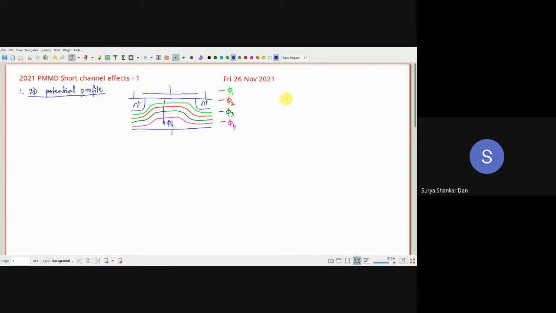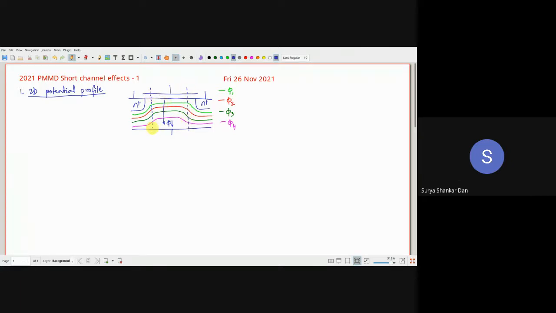Now, this is the situation for a long channel device. So what we understand is in a long channel device, there is a huge portion inside the channel where we can assume that the potentials are roughly independent of the source and the drain region. So let us say from here until, let us say, here.